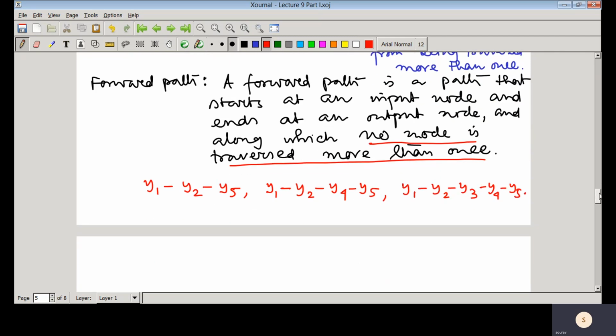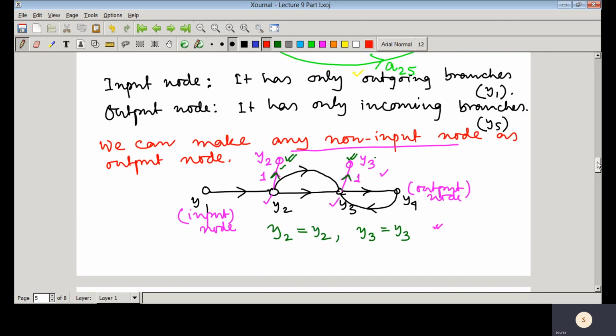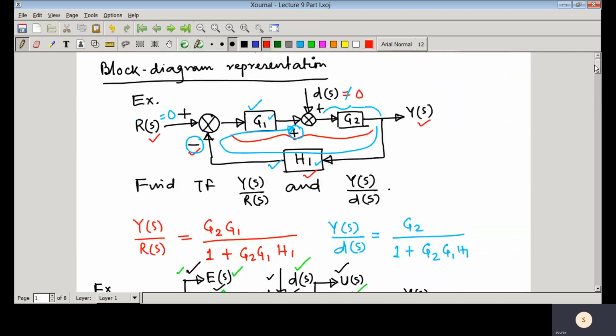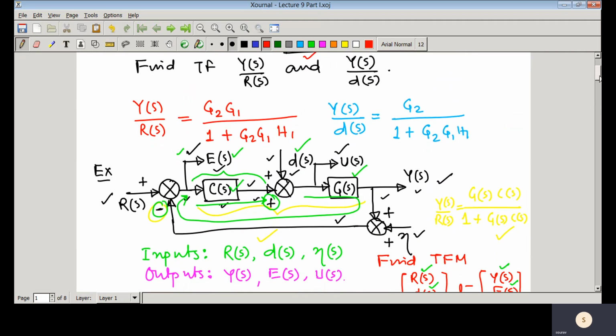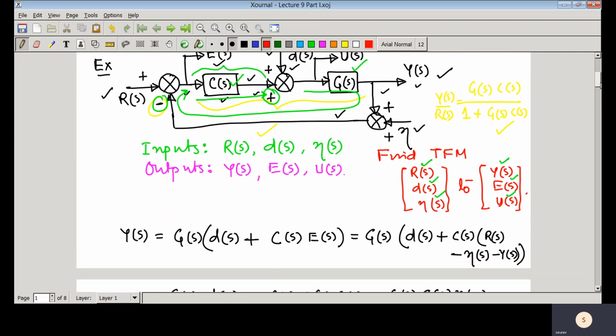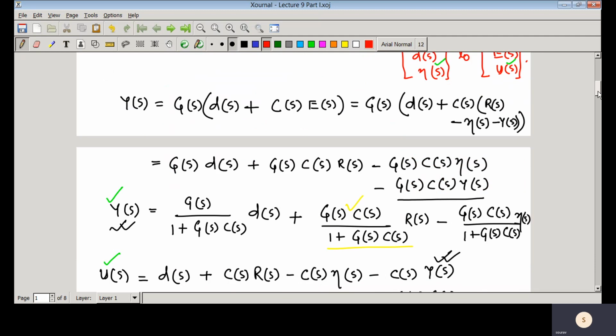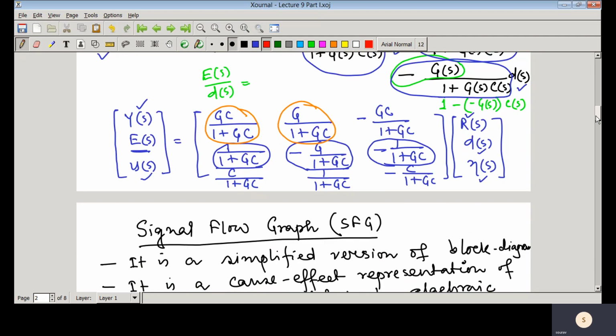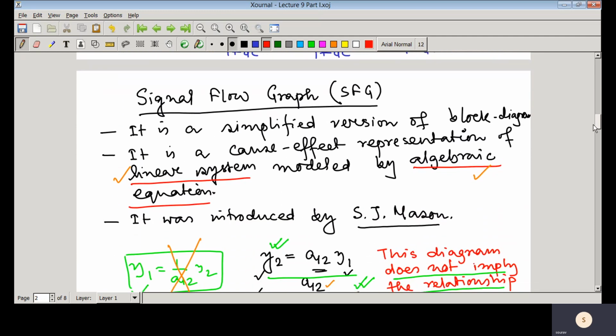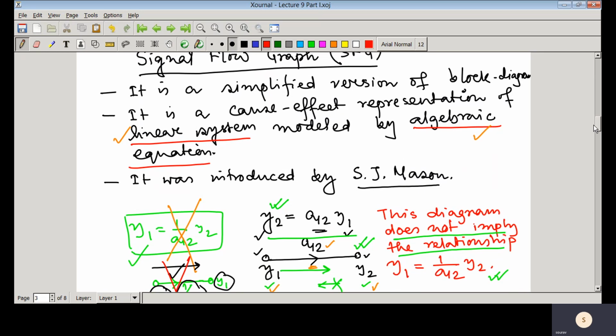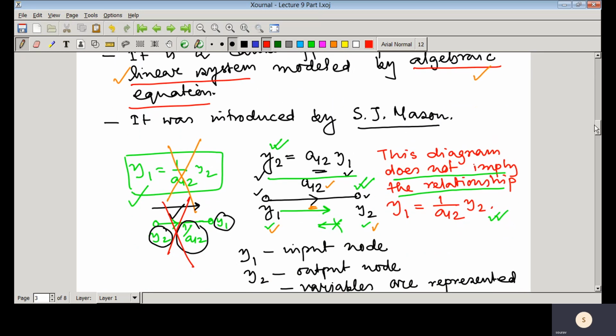So what we have discussed today: we have solved two examples from block diagram representation, and the second example shows how to find the transfer function matrix. Then we started the signal flow graph. The most important thing is that whenever the system is described in algebraic form, you can represent it in the signal flow graph framework.